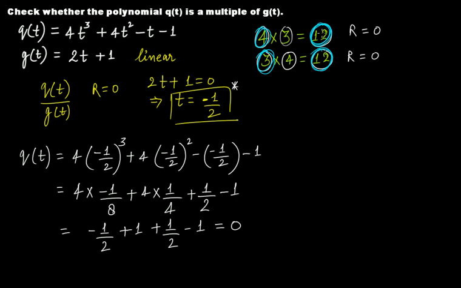Because when you divide 12 by 4, your remainder comes 0. It means that 4 is a factor of 12 because 12 is completely divisible by 4. In the same way, when you divide 12 by 3, you get the remainder equal to 0. That's why 4 and 3 are the factors of 12 in these two examples.